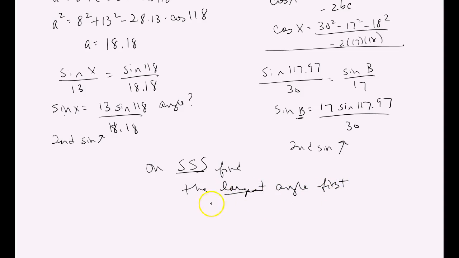Meaning you want to go for the one that's across from the largest side first. This is not a you must do this, it's just a really nice thing, because if you do this, then things won't get weird for you and potentially mess up. So this is just a strong recommendation to do it in that order, and I've never messed one up when doing it in that order.